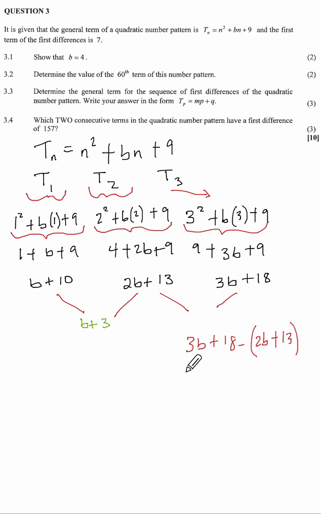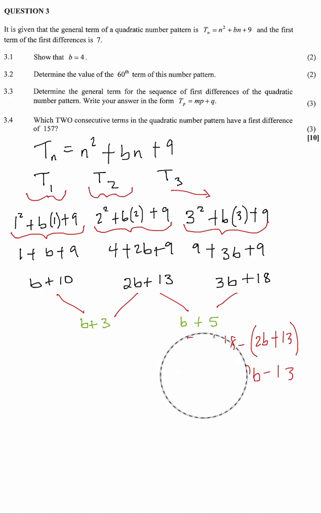Then I'm going to have 3b plus 18 minus 2b minus 13. Then 3b minus 2b, that's b. And then 18 minus 13, that is 5. Okay, so that gives me the next first difference, which is b plus 5, between term 2 and term 3 of my quadratic.